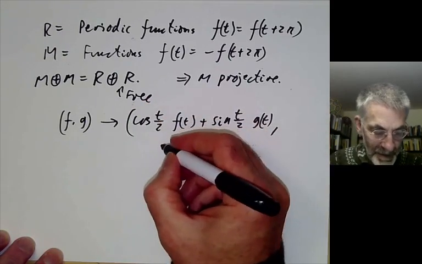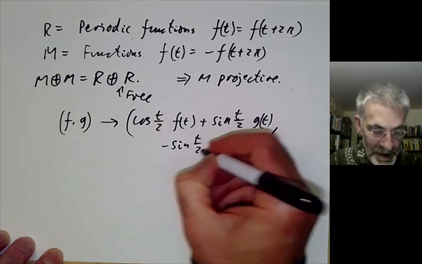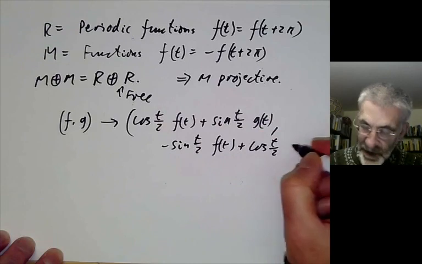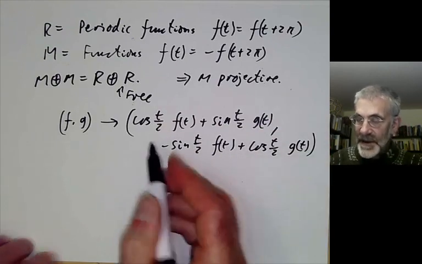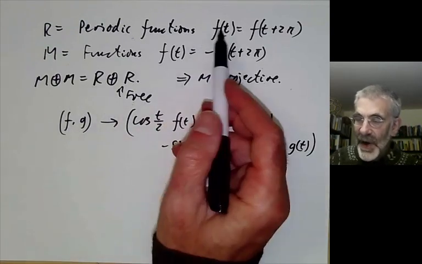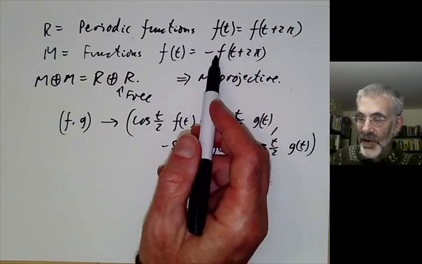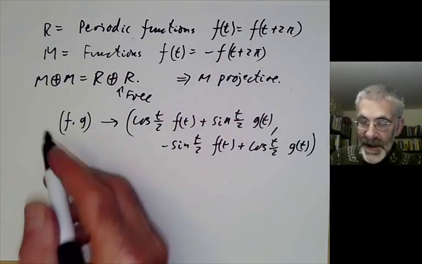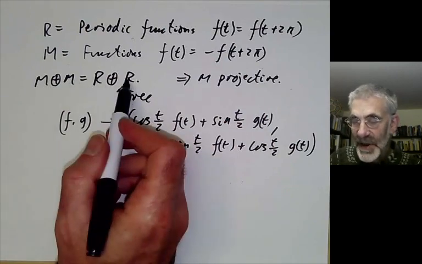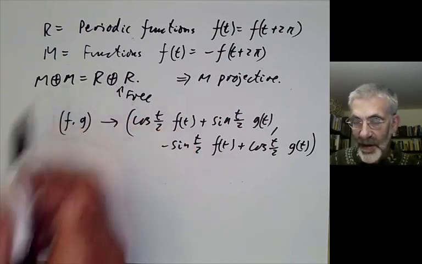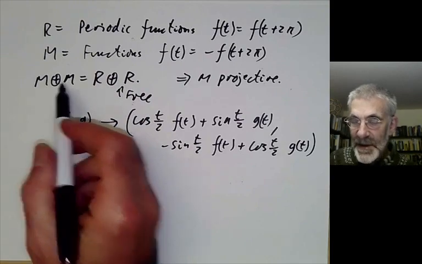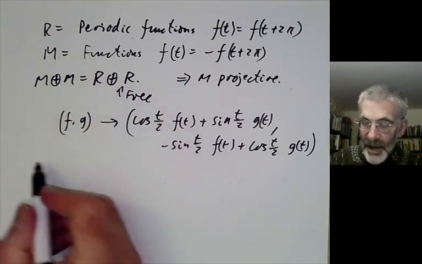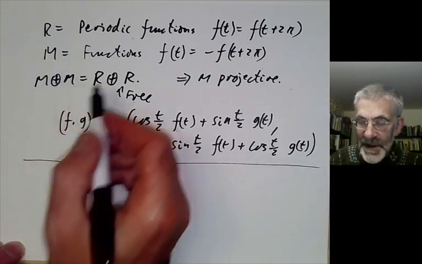And then the other one is minus sine of t over 2 times f of t plus cosine of t over 2 times g of t. And you can see that this transformation takes periodic functions into antiperiodic functions and vice versa. So this takes M plus M to R plus R, and in fact it takes R plus R back to M plus M. So these two modules are in fact isomorphic. So that's an algebraic way of seeing this.